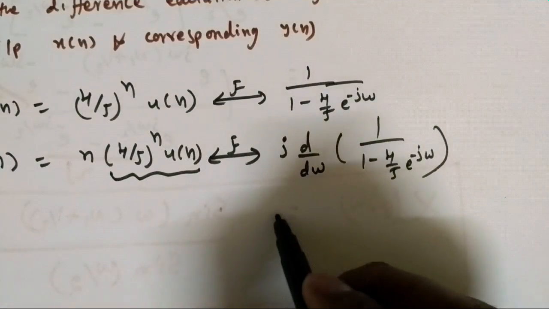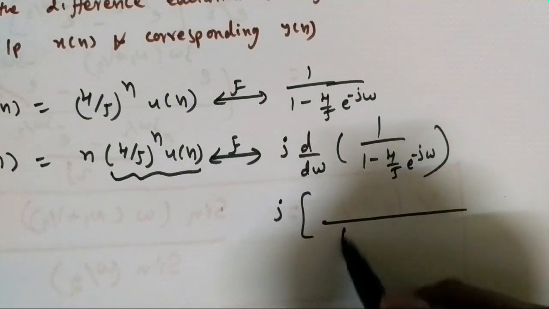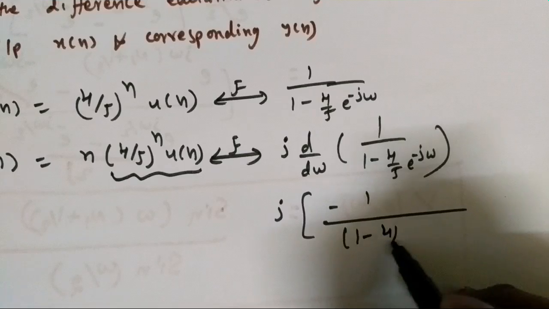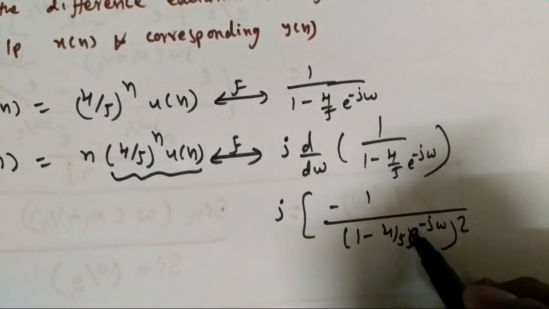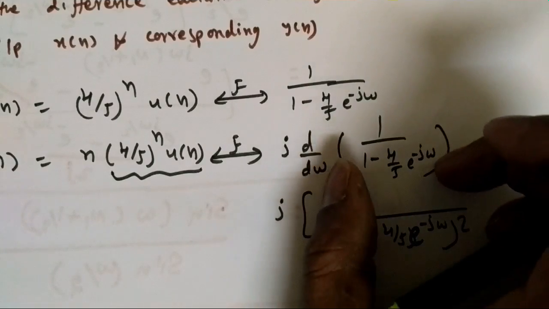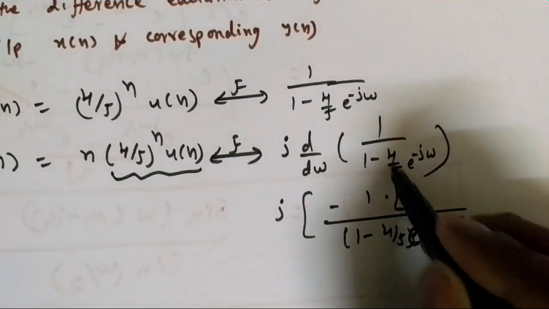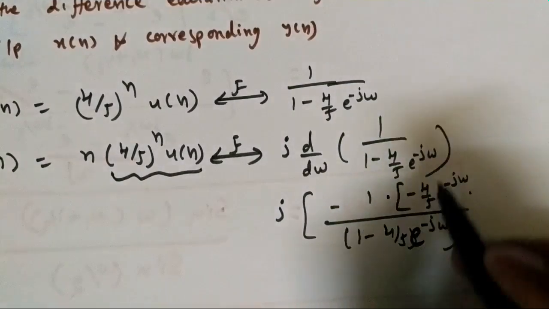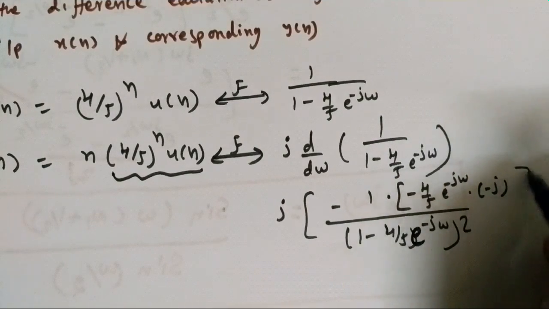Now how to differentiate? It is looking like 1 by x. So 1 by x means minus 1 by x square, that is 1 minus 4 by 5 e power minus j omega whole square. But I assume this is x, so we need to differentiate the denominator. So it will become minus 4 by 5 into e power x, means e power x into, I need to differentiate this one, so we'll get minus j.